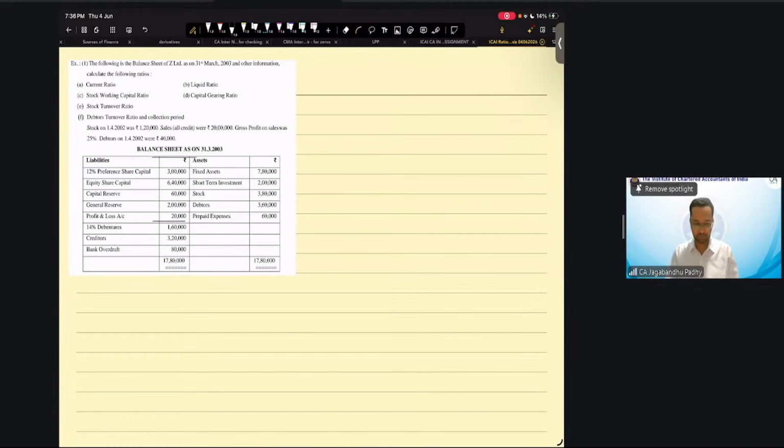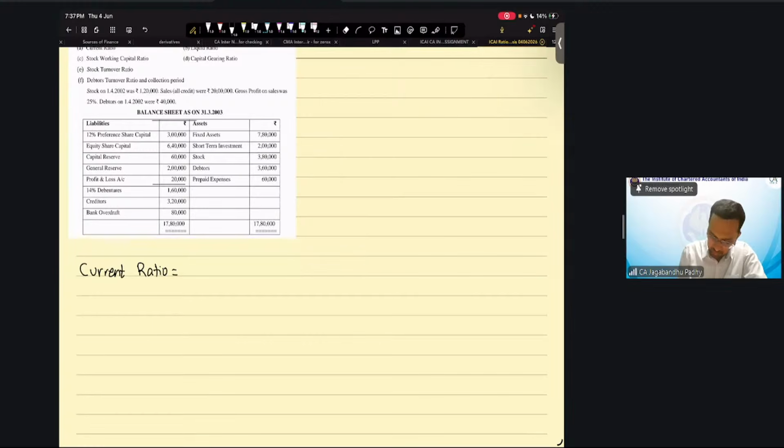Let's get started, guys. Following is the balance sheet given to us. We have the balance sheet numbers and everything is given. We have to compute the current ratio. So let's try to first get the current ratio answer. Current ratio. What was the formula for current ratio, guys? Yep, current assets upon current liabilities.